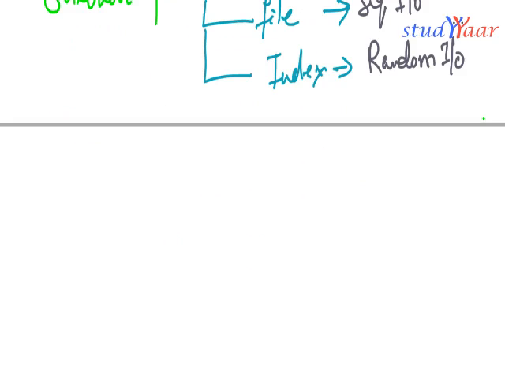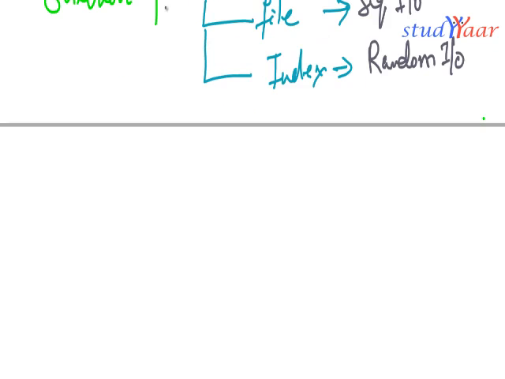Now first look at file scan based algorithms. The first algorithm we are going to look at is called A1, or linear search.